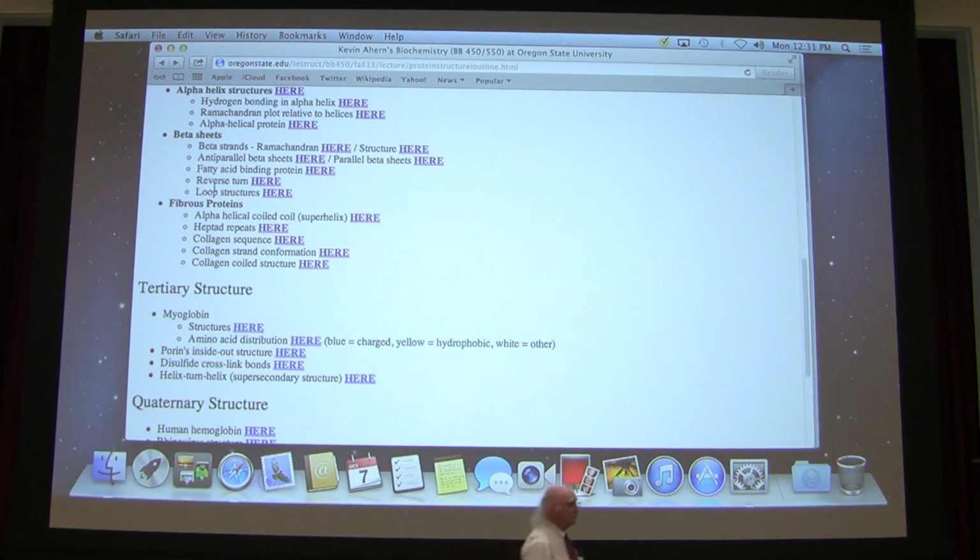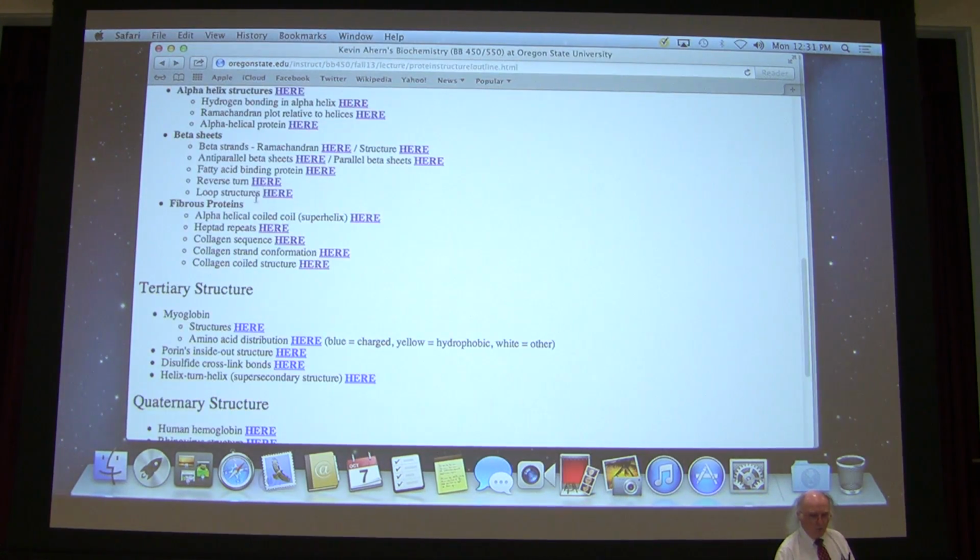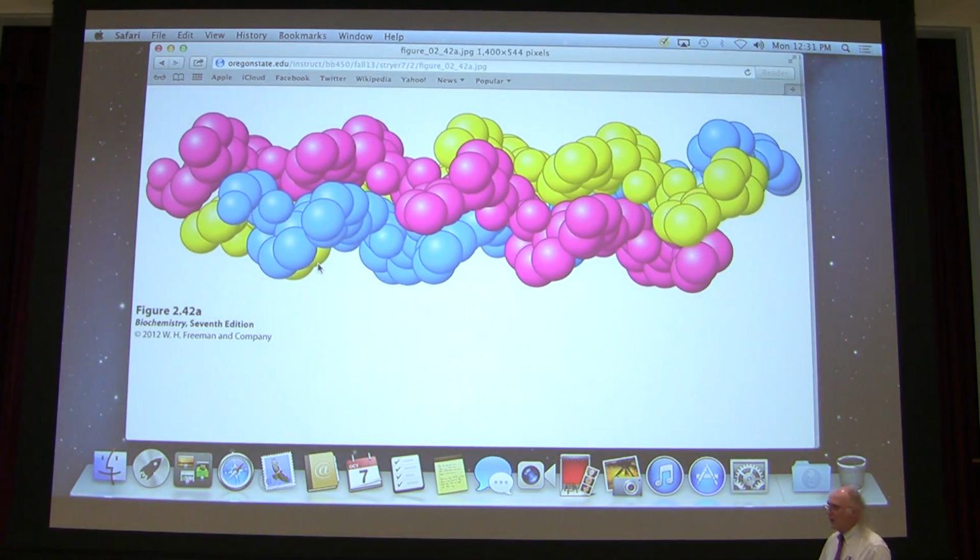Collagen, you saw, was a coiled structure. And we can imagine that we might have one coiled structure now that bundles with another coiled structure, and we get sort of a super order of these coiled structures.